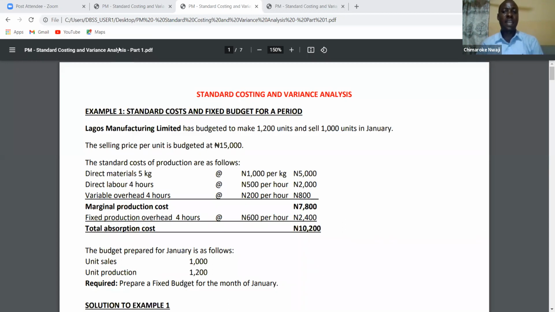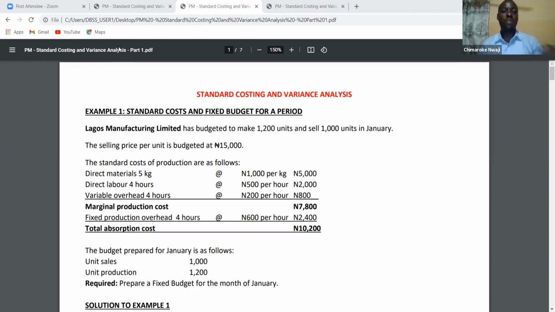All right, so let's look at example number 1 to illustrate how a fixed budget is prepared. Example number 1, standard costs and fixed budget for a period. Lagos Manufacturing Limited has budgeted to make 1,200 units.